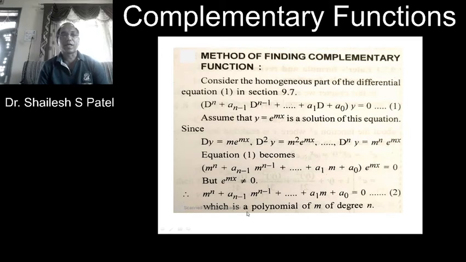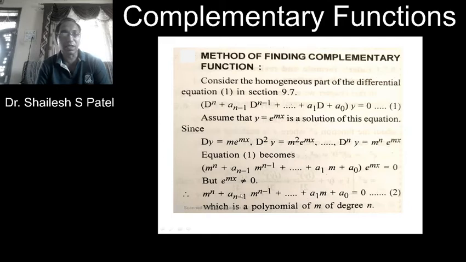So the method of finding complementary function. After writing whatever the equation is given to us, first of all consider its homogeneous part. Homogeneous part means by considering the right hand side equal to 0. Then write down this equation in the form of m. Here in the last line you can see m raised to n, that is by replacing D by m.